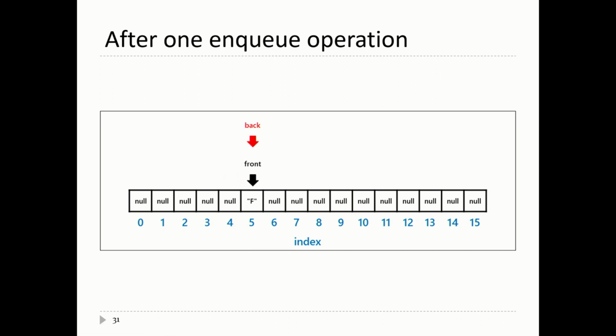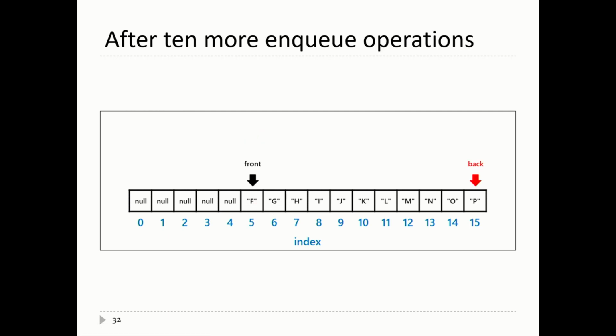Okay, so enqueue again. So add the element, move back one position to the right, add the element to the queue. Size goes up by 1. And now if I keep on enqueuing until I hit the end of the array, I now have to deal with how do I move back to the right.